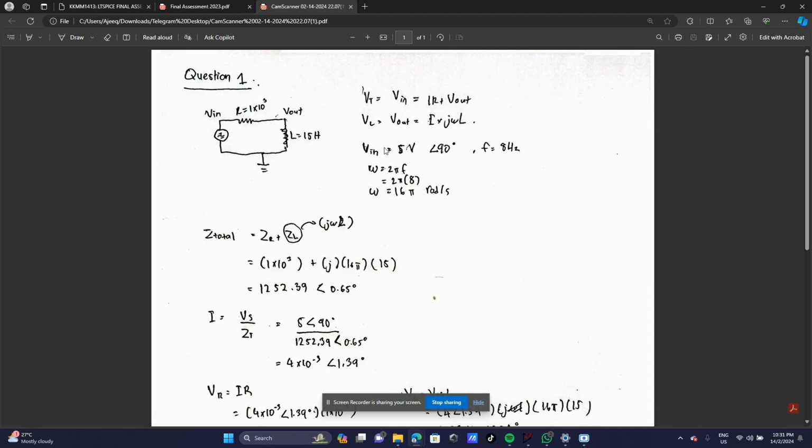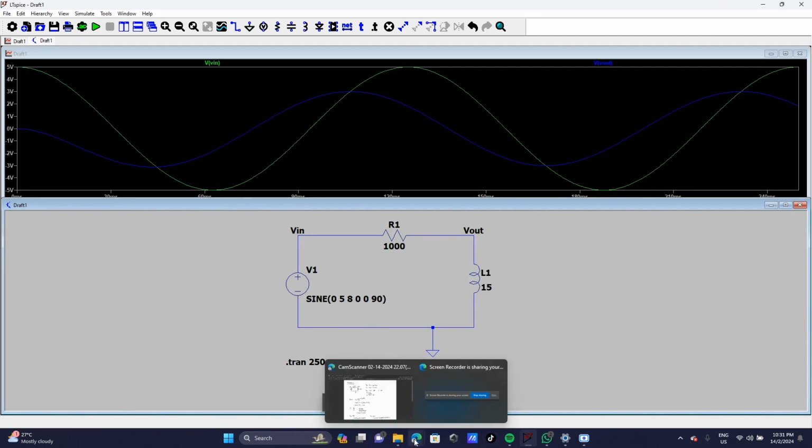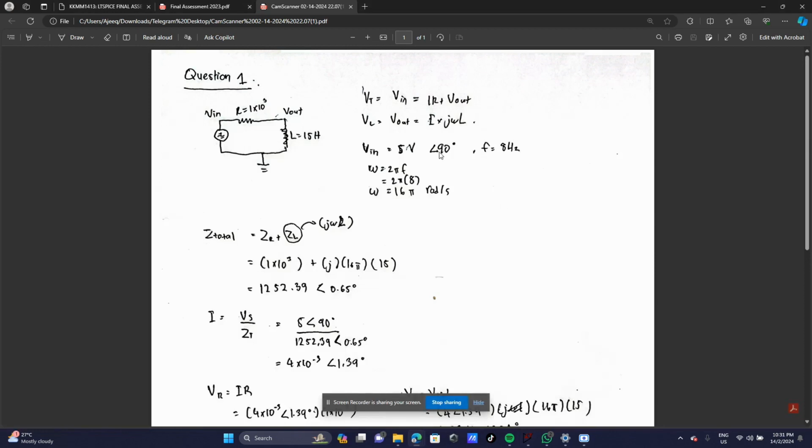So we know that V input is 5 volt as seen on the graph here. V input is 5 at the maximum one. And then at the 90-degree, because we do it in the sinusoidal circuit.